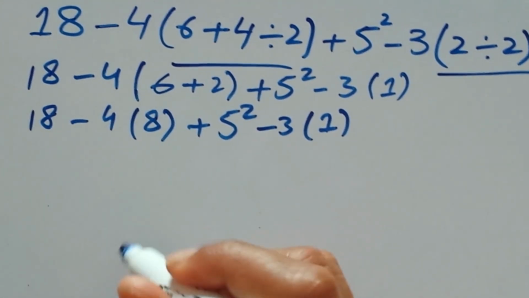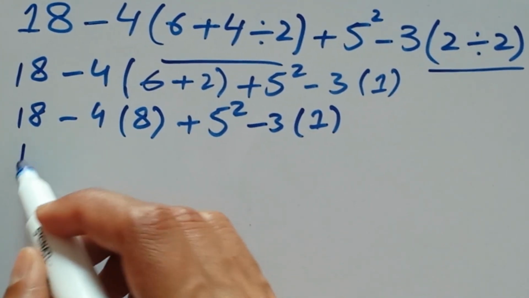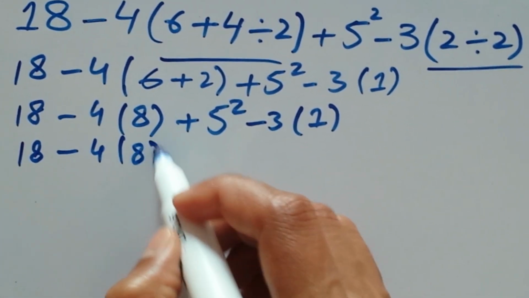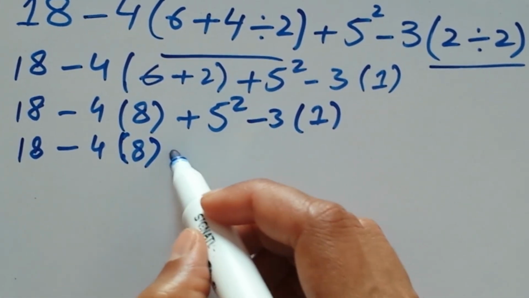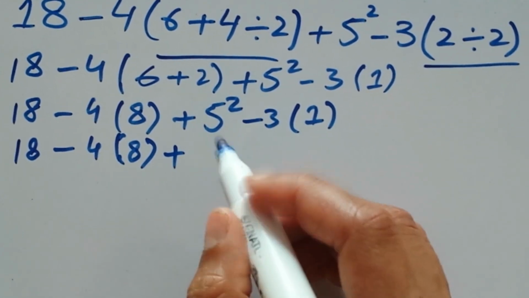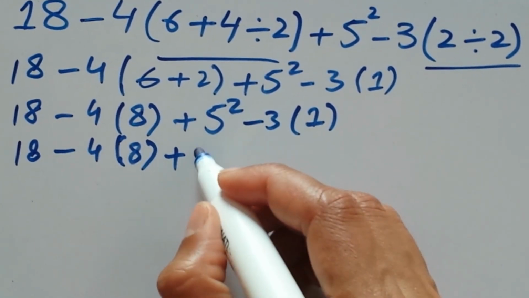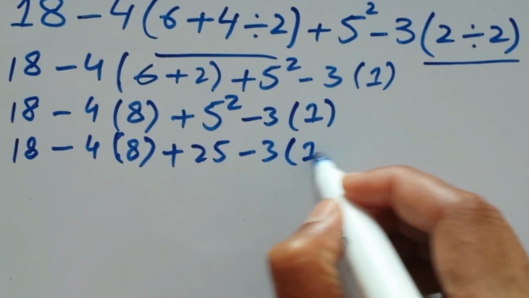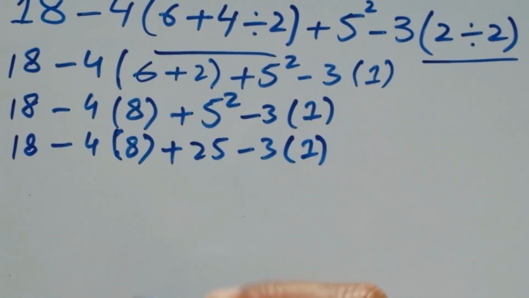Now step 2, solve powers. So 5 squared, 18 minus 4 and 8, right, plus 5 squared means 5 times 5 equals 25 minus 3 and 1, right.